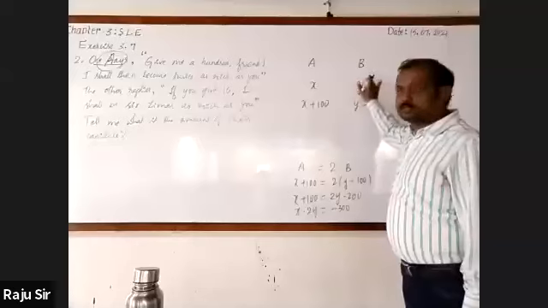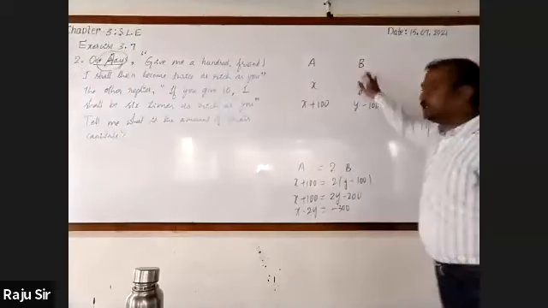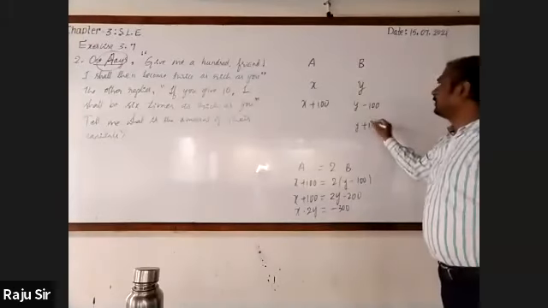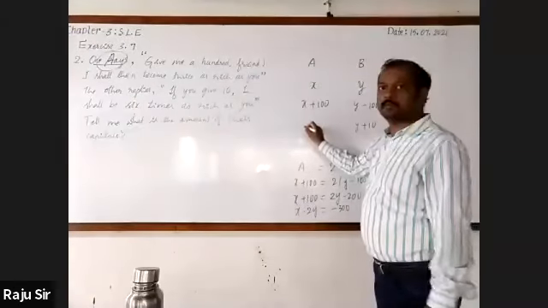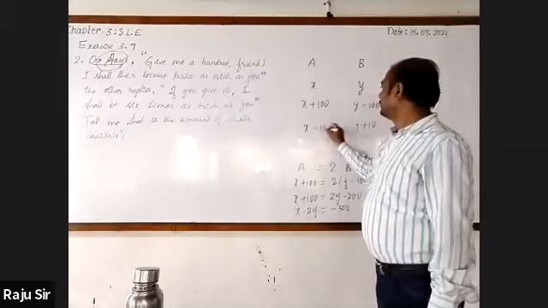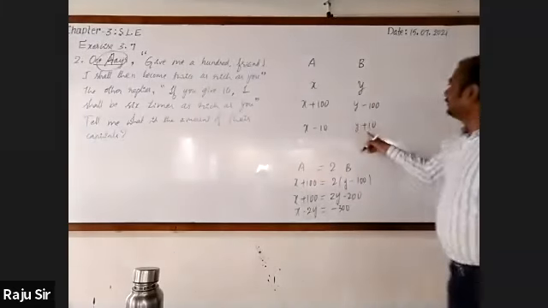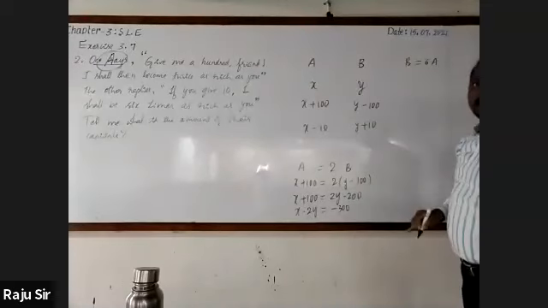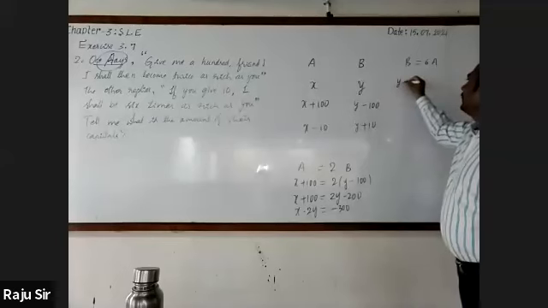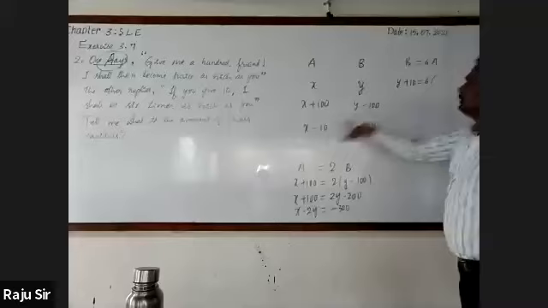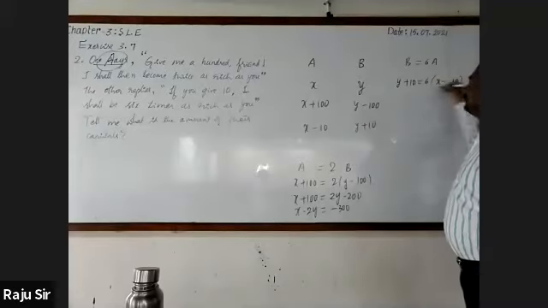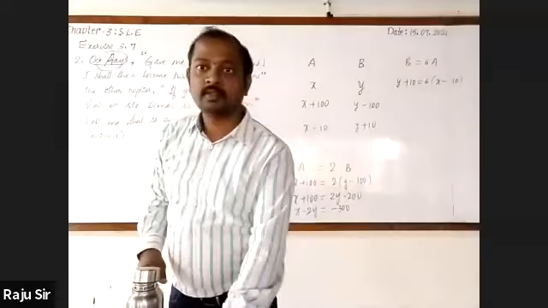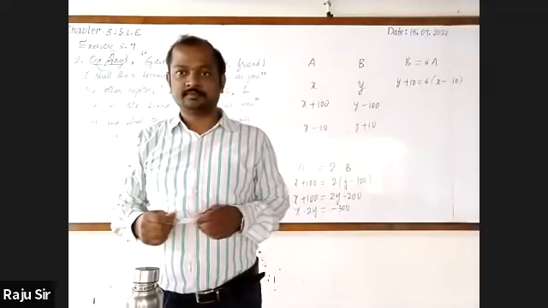If B receives 10 rupees from A, the amount with B is Y plus 10, and the amount with A is X minus 10. Then B will be 6 times as rich as A: Y plus 10 is 6 into X minus 10. From this we will get another equation. Have you understood?